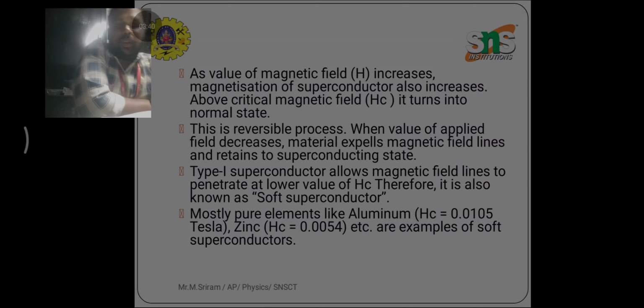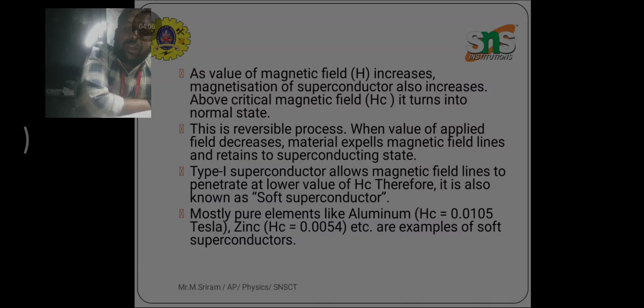As the value of the magnetic field H increases, the magnetism of the superconductor also increases. Above the critical magnetic field, it turns into the normal state. This is a reversible process: when the value of the applied field decreases, the material expels the magnetic field lines and returns to the superconducting state.